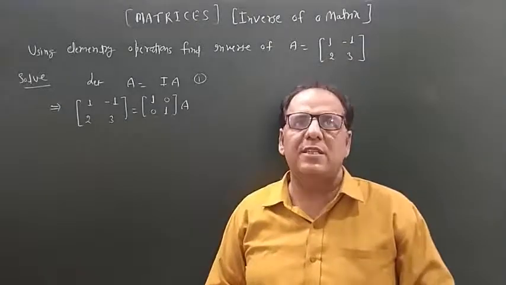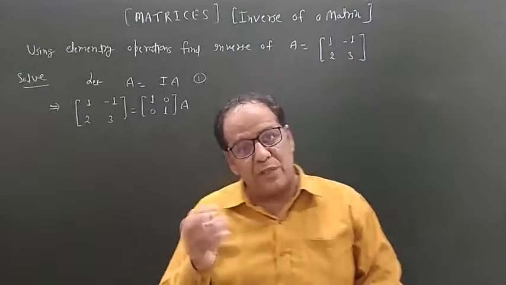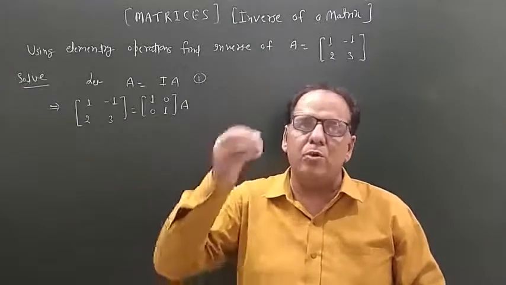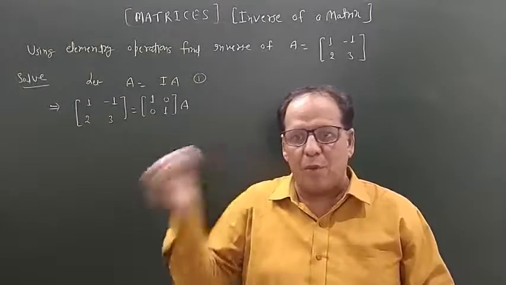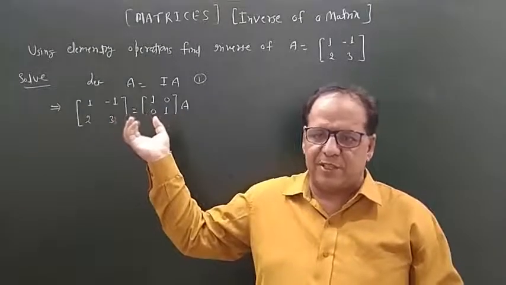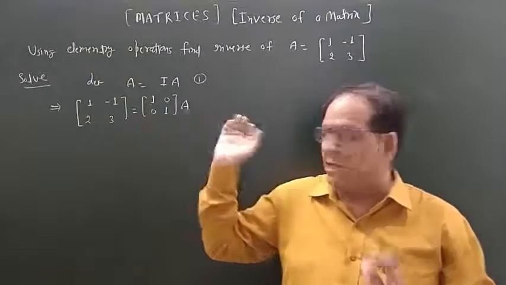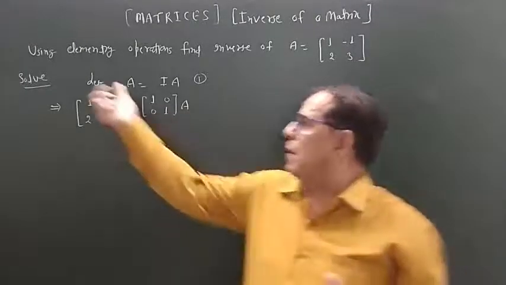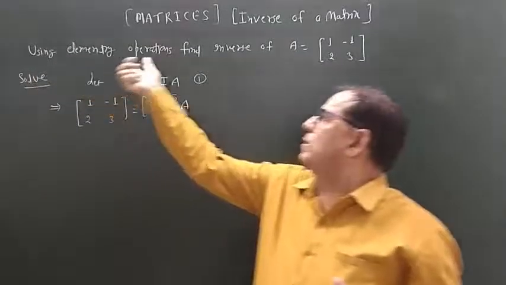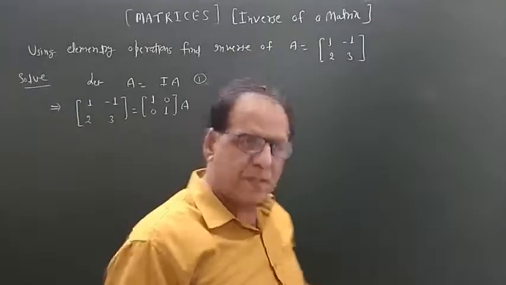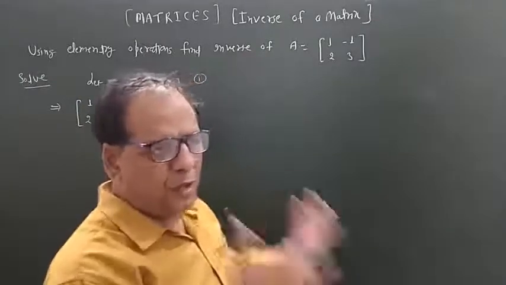If your CBSE examination question is asked with the restriction of using elementary row operation or elementary column operation, then you are restricted to that method. But if there is no restriction and the question simply asks to find the inverse of A using elementary operation, then you can use row operation or column operation.